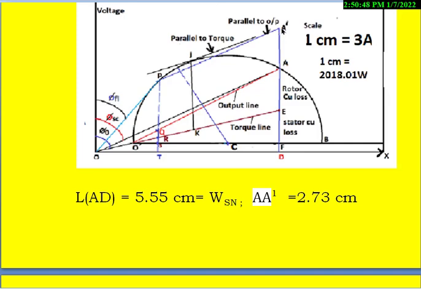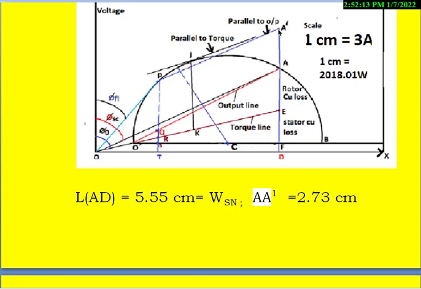So now from point A dash, draw a parallel line to the line O dash A. This O dash A represents the output line.